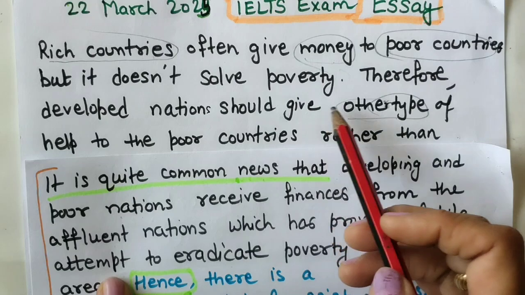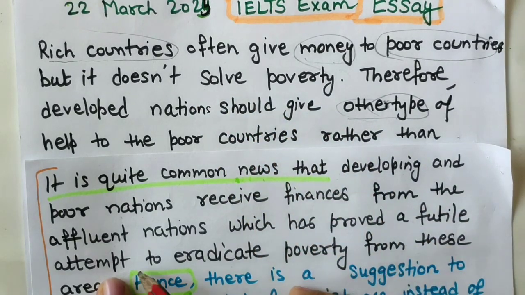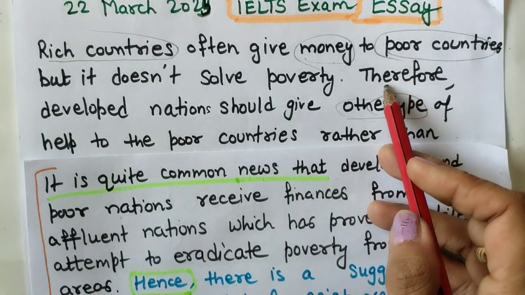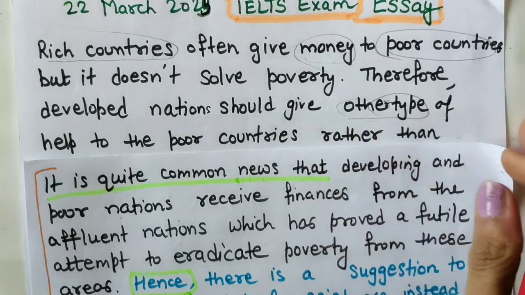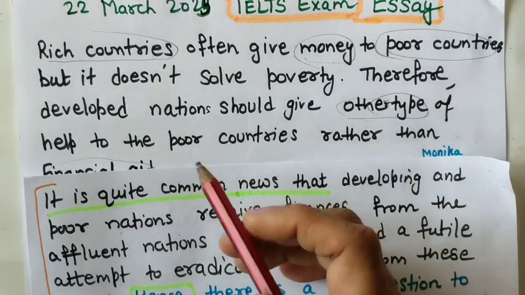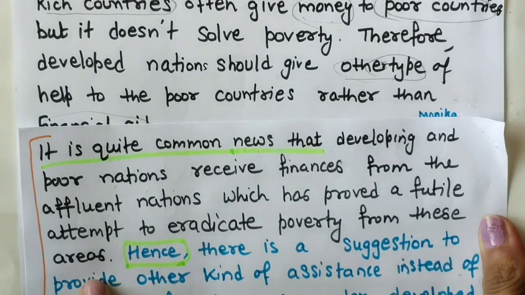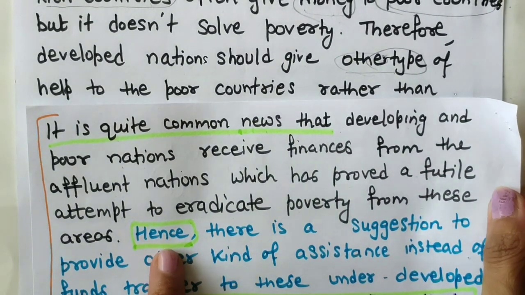Here it is given, it doesn't solve poverty, so instead I have written futile attempt to eradicate poverty from these areas. Now the suggestion is there: therefore, developed nations should give other type of help to the poor countries rather than financial aid. Now how have I written it? Hence, instead of therefore, I have written hence.